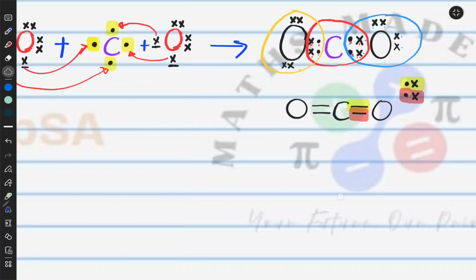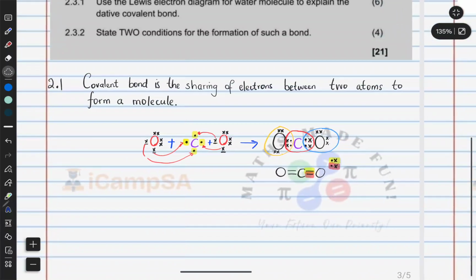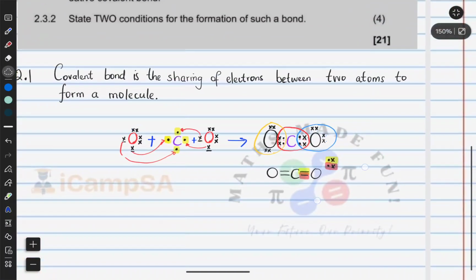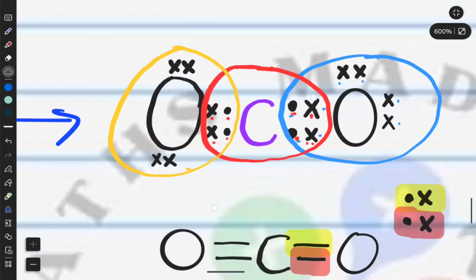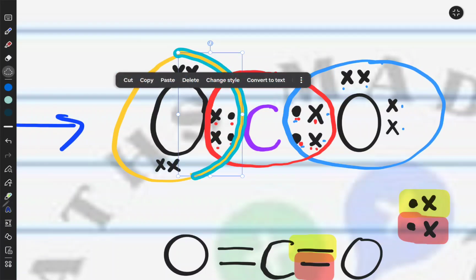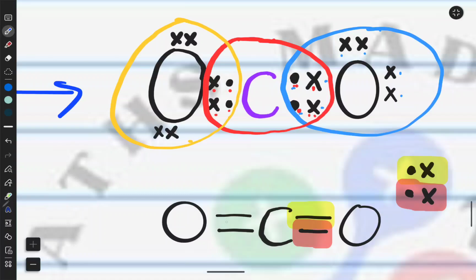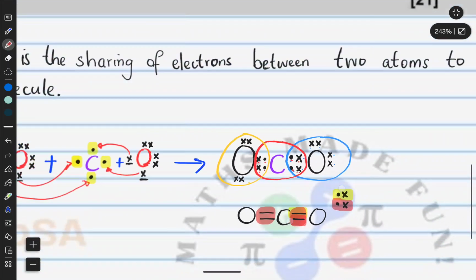That's our molecule. Okay, so yes, that's what we mean by covalent bonding. And a covalent bond is exactly what's between the carbon and the oxygen. This one would be called a covalent double bond because there are two electron pairs being shared. Okay, so that's why it's a double bond.